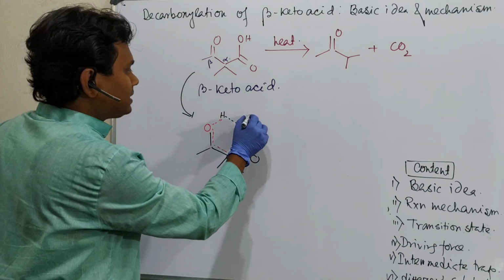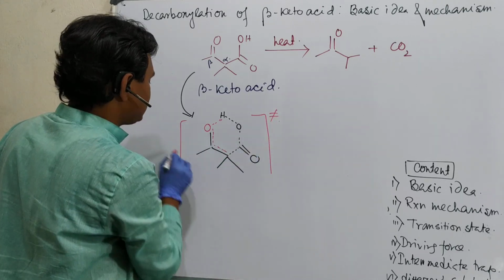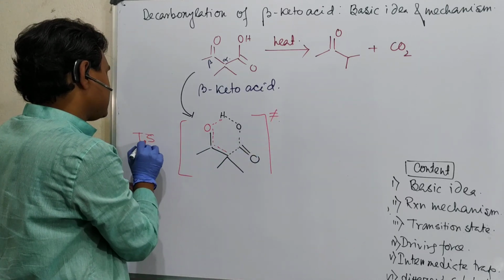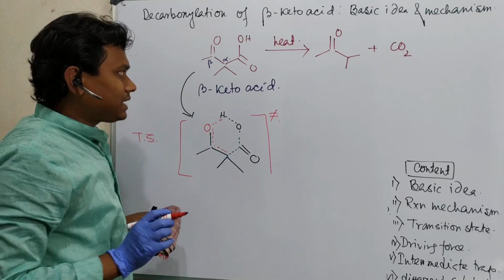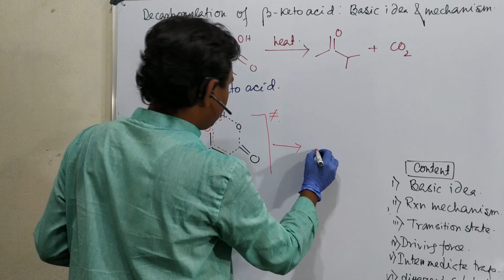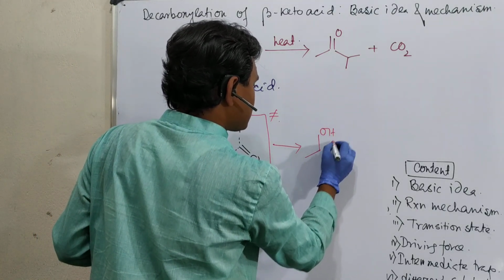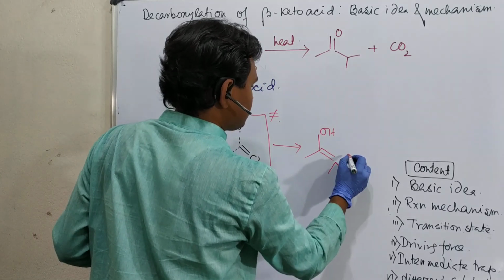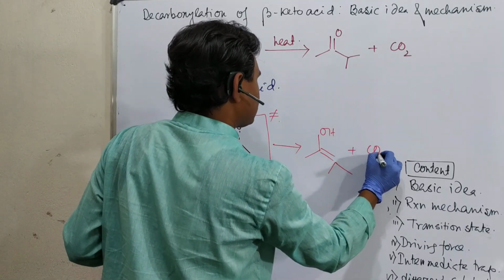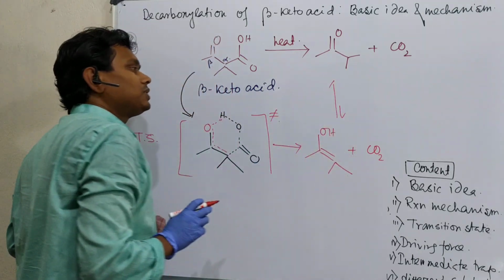So this is a transition state, the TS. Now what happens in the next step? The next step, this is converted into an enol derivative plus carbon dioxide, and that enol tautomerizes into the corresponding keto.